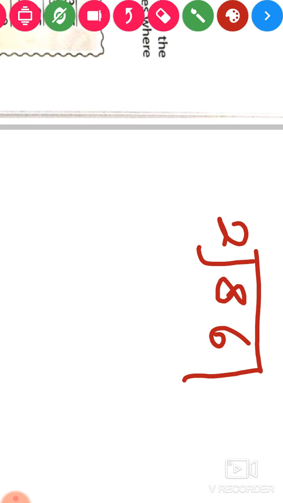Completed? Start from the leftmost side. Okay, so let us do it. We will start with the leftmost side.